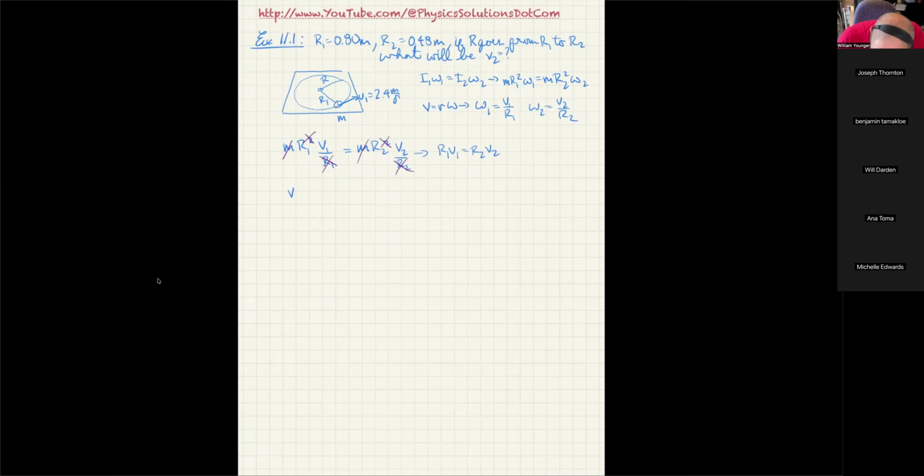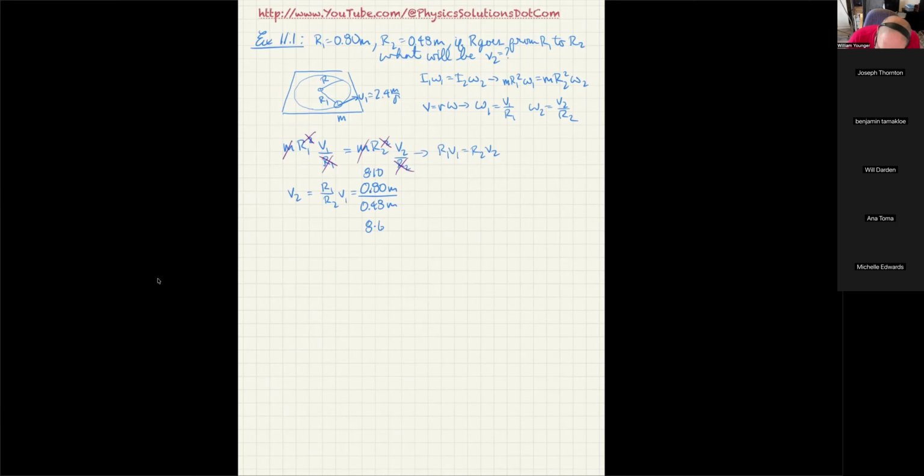All I've got to do is solve for v2, and that means v2 is going to be r1 over r2 times v1. And of course, r1 is 0.80 meters and r2 is 0.48 meters. Notice that this is like 8 times 10, actually 8 times 10 divided by 100, and the bottom is like 8 times 6, also divided by 100.